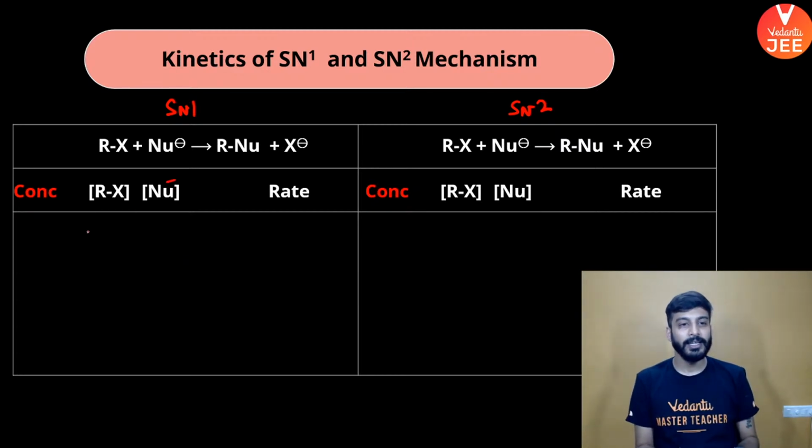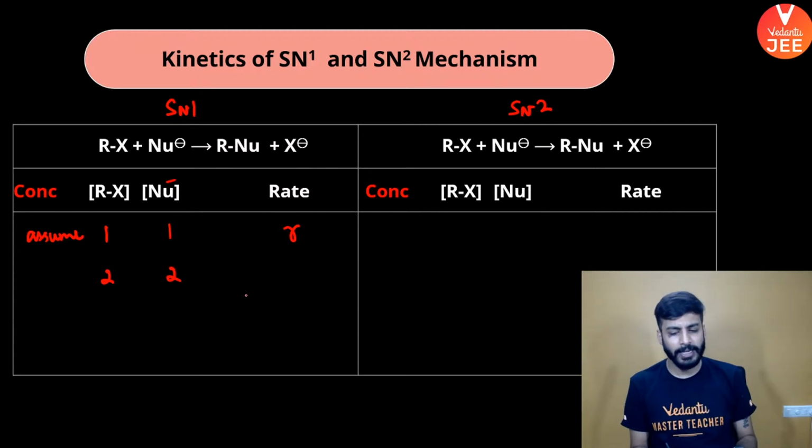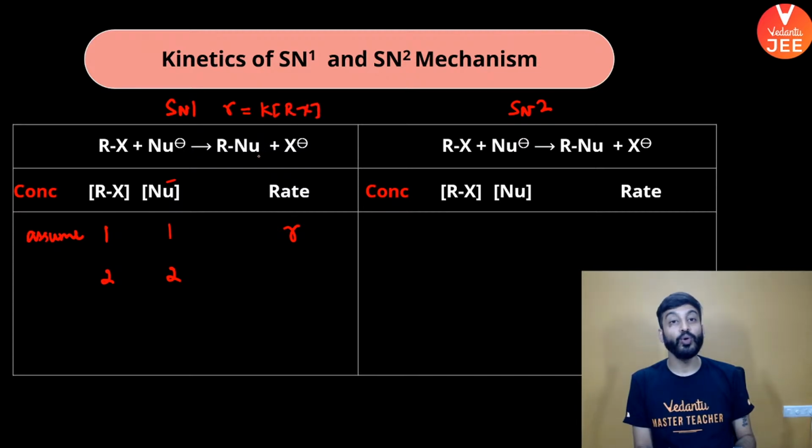Let us say I have taken 1 and the rate was R. If I am taking 2, what will be the rate here? In an SN1 reaction, the rate of the reaction is directly proportional to the concentration of alkyl halide only. I am doubling the concentration of alkyl halide.